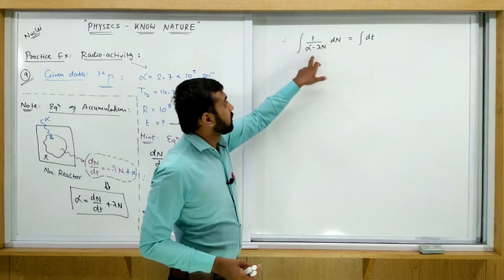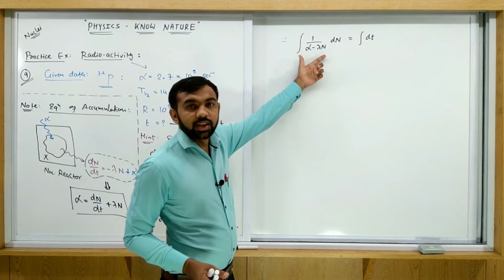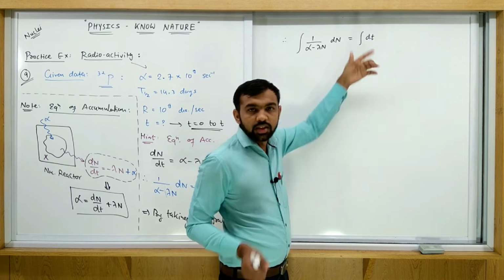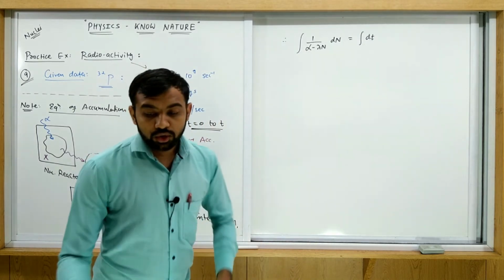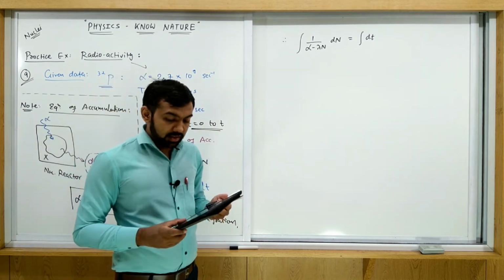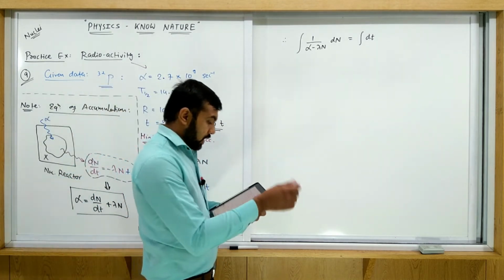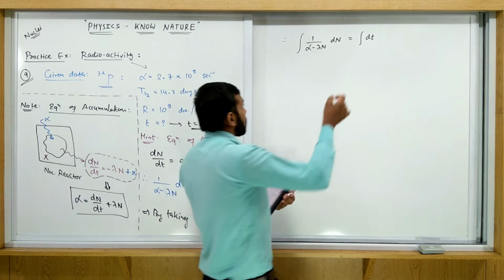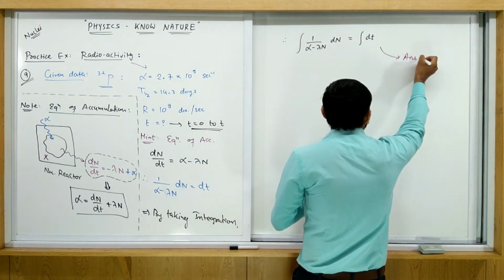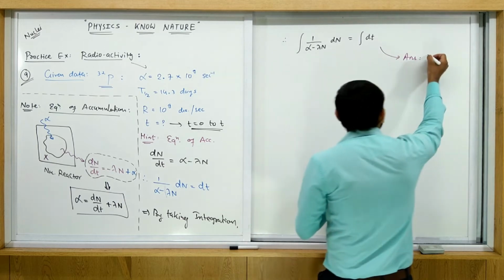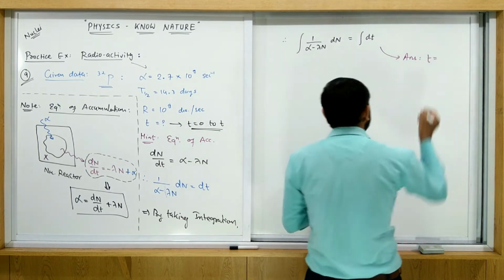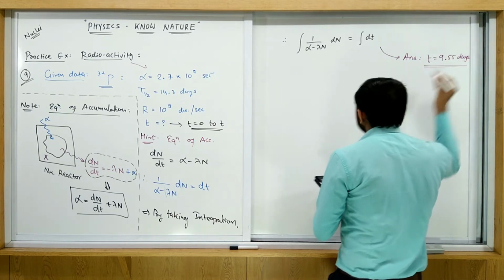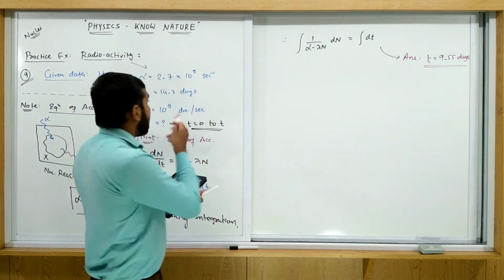The integration of 1 upon alpha minus lambda N dN is ln, log, and the integration of dt is t. So just take the integration and finally you find the answer. After this calculation you get t is equal to 9.55 days. Why days? Because the half-life is given in days.